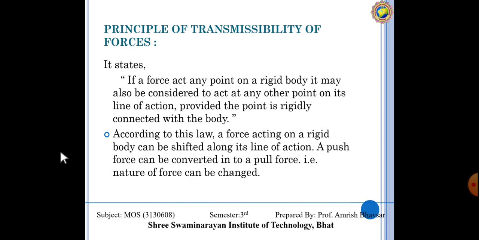Whenever we are going to push a chair, then it will be moved. But suppose I have put 3 chairs in a row and I am going to apply force on one of the chairs, and all 3 chairs are going to move.